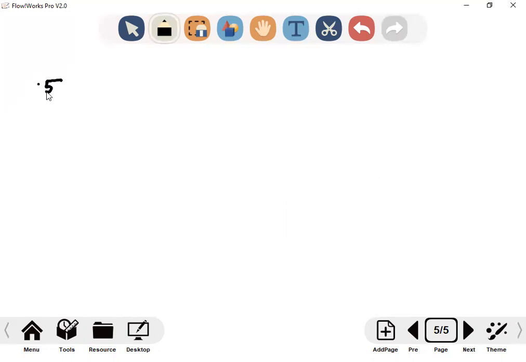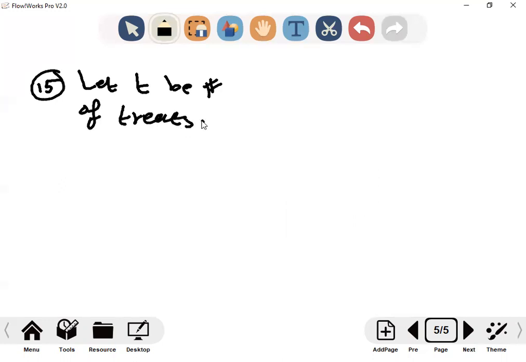Question 15. Let T be the number of treats. He set 10 aside. What does that mean? He took 10 and put them aside. So T minus 10. Right.